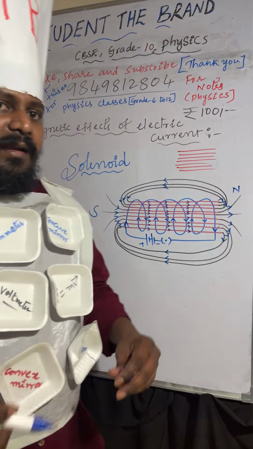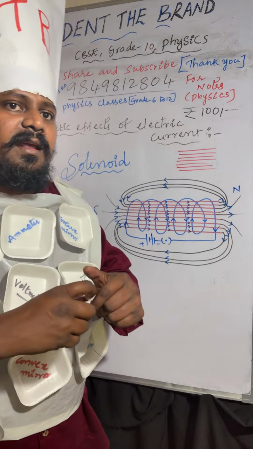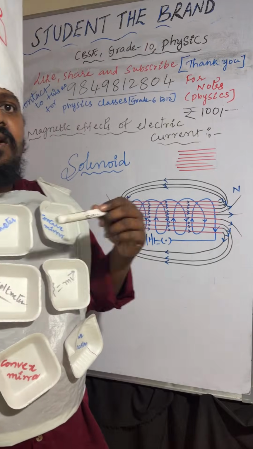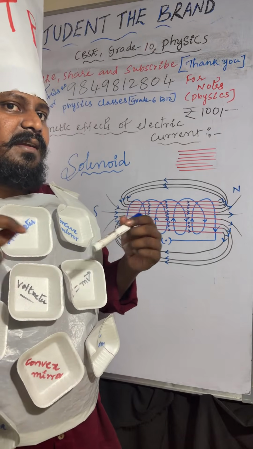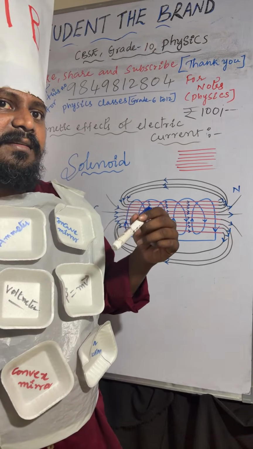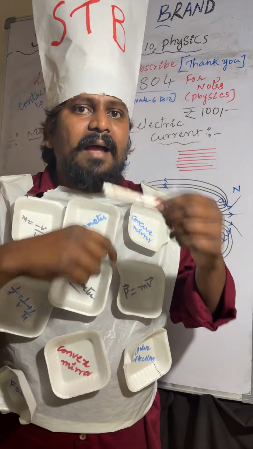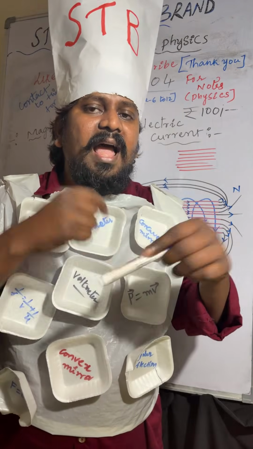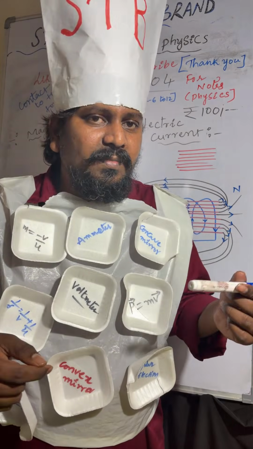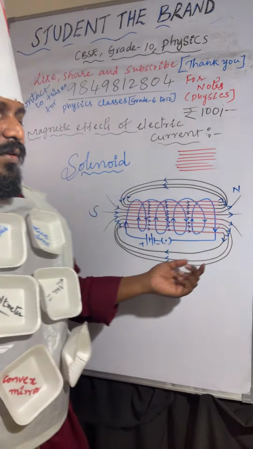Okay, solenoid. A straight insulated copper wire is wrapped in the form of a cylindrical shape and connected to the circuit.